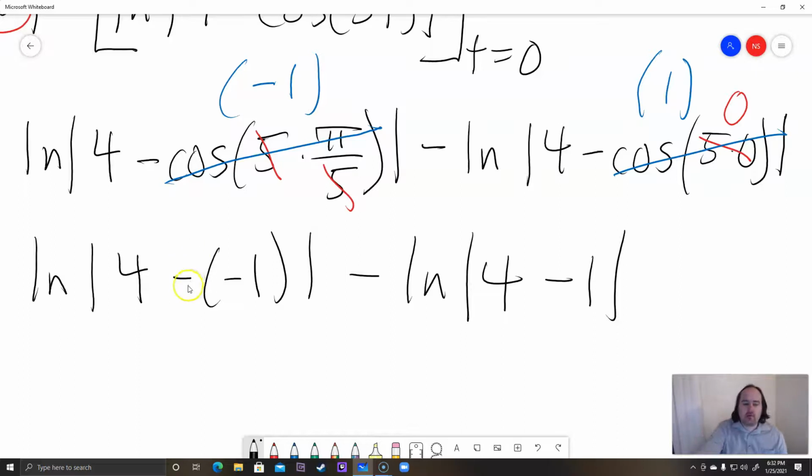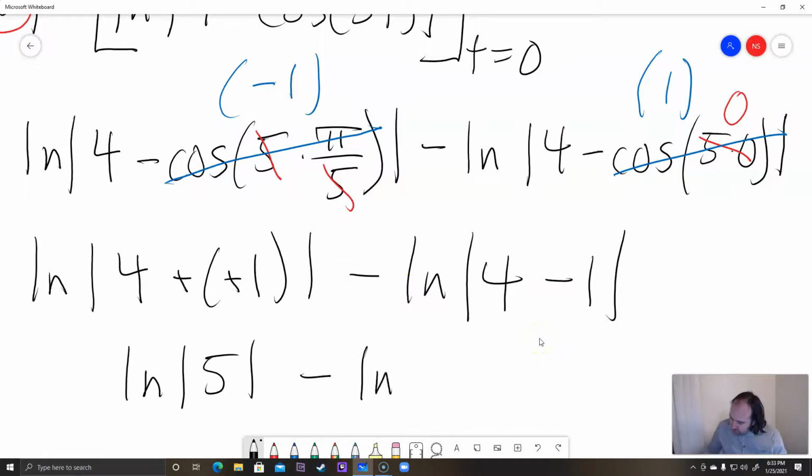Okay, and for the 4 minus negative 1, those minuses cancel out. So we get 4 plus 1 is 5. So we have ln of absolute value of 5. And then over here, 4 minus 1 is 3. So we have minus ln of absolute value of 3. Okay, and then we're almost done here.